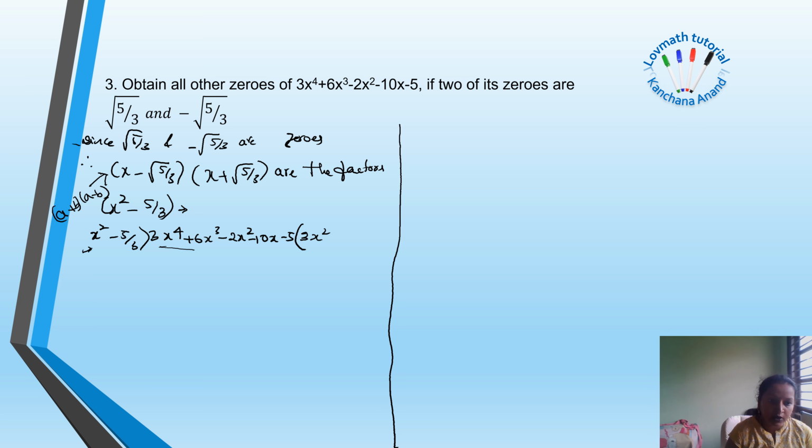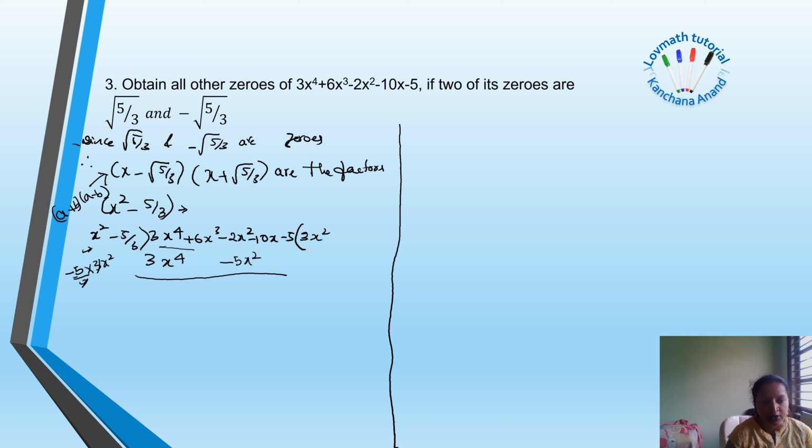So, x square into 3x square is 3x to the power of 4, and here minus 5 by 3 into 3x square means 3 and 3 get cancelled. So, it is minus 5 into x square, that is minus 5x square.